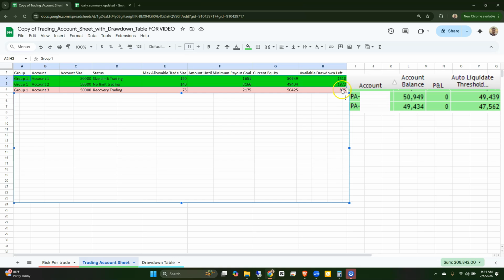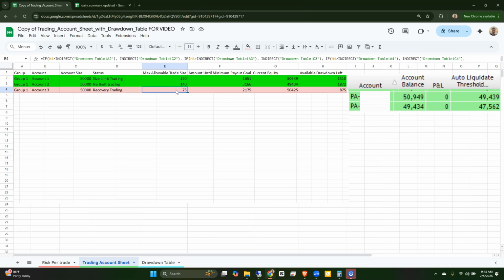Knowing the spreadsheet, doing the math just like we did over here, you know that because you are up $425 on that account, you've eaten into your drawdown substantially, but you still have profit on that account. So you can see your amount till minimum payout goal is $2,175. But the important thing to note here is the $75 max allowable trade size.